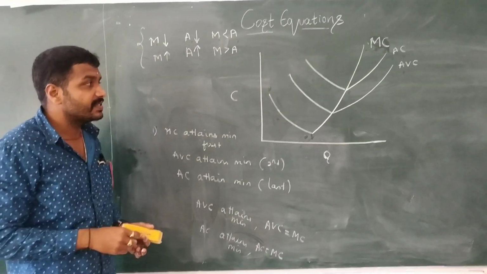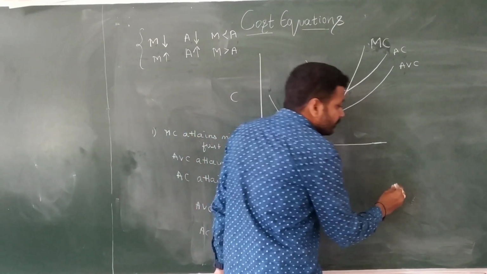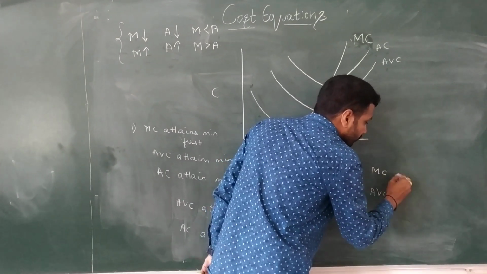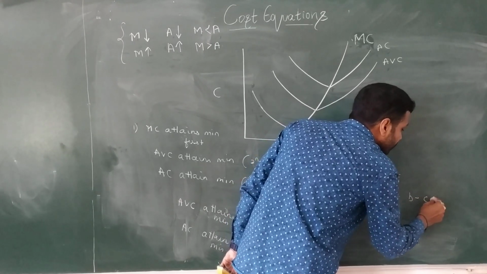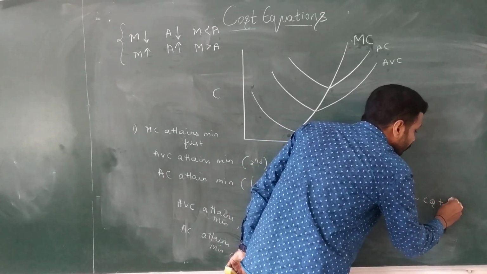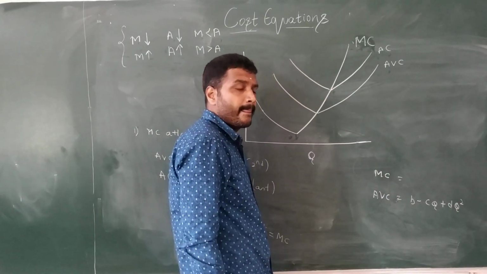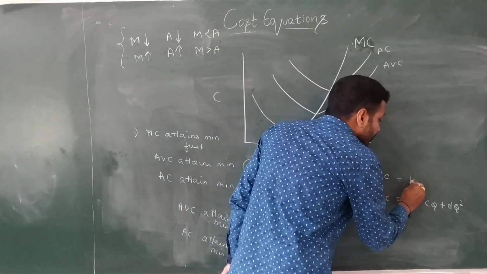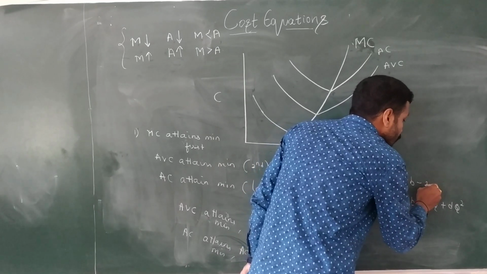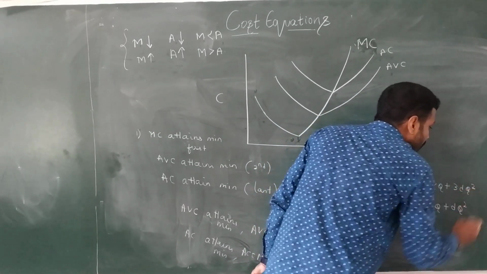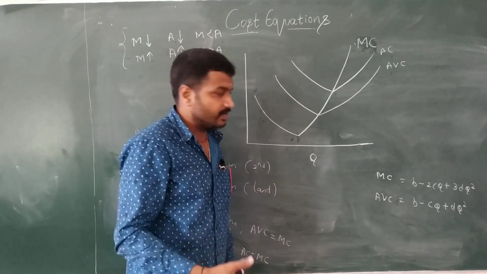And one more thing: in the MC and ABC expressions, if you could remember, this used to be B minus CQ plus DQ square, and this used to be B minus 2CQ plus 3DQ square. Here also you will understand.